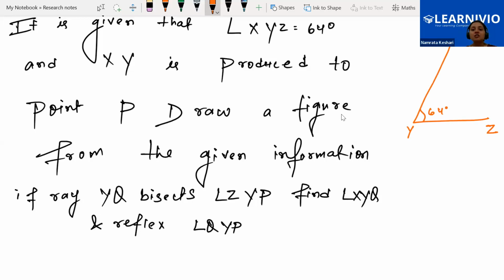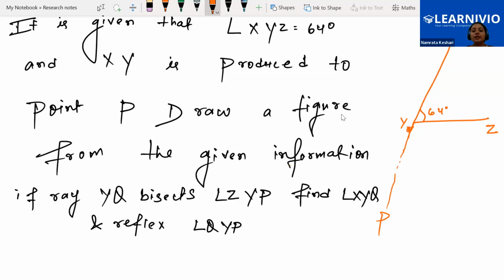And XY is produced to P. Produce means extend XY till P. Now draw the figure from the given information. This is Y. If ray YQ, okay, there is a ray YQ as well.